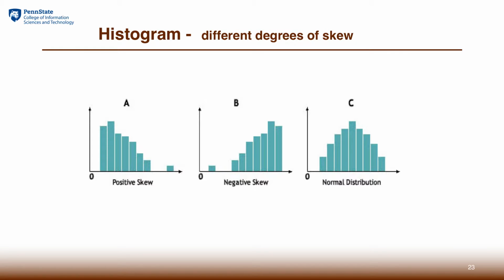In this case, you can expect most of the observations have higher values. Extreme values are on the lower end. Then histogram C represents a central tendency in the middle, and other values are distributed around this middle value. This is what we call a normal distribution. It's an ideal case, but some of the shapes are close to that ideal case.